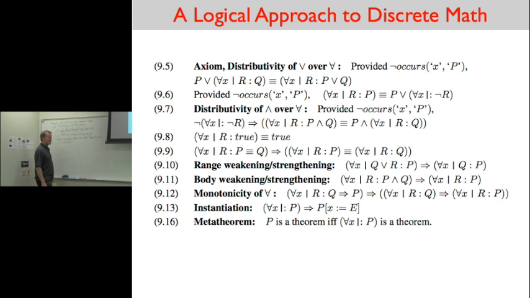Now, what does 9.5 say? This is wicked. It says P or, and then it has this universal quantification, right? So we can take this entire thing or this and put it into the body.